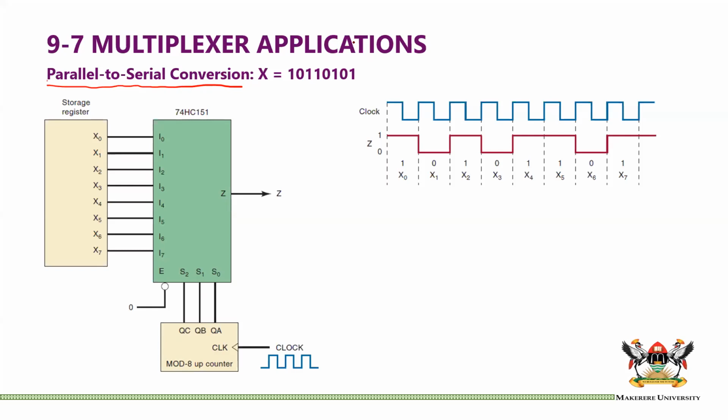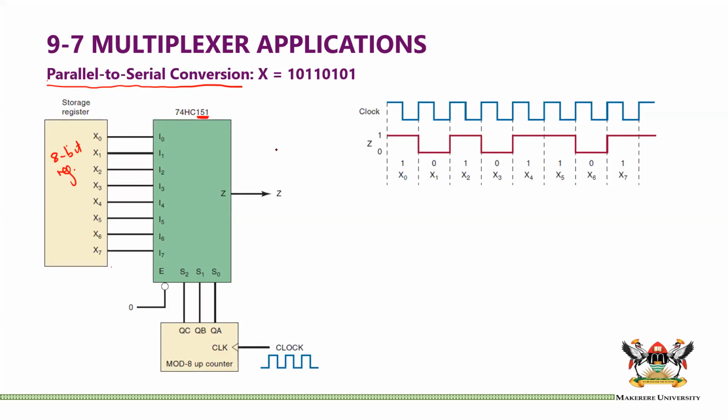Now you have a 151 multiplexer. You have a register that is an 8-bit register. It has X0 to X7. These values from the register are connected to the inputs of the multiplexer. So now we want each of these values within the register to have an opportunity to go through the multiplexer.